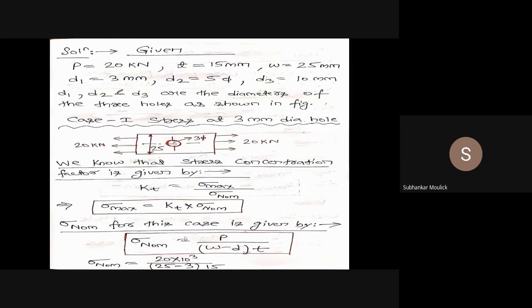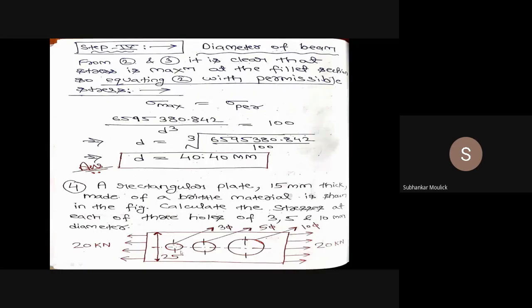So the first case is, let us take one hole at a time. That means in this entire plate, assume that firstly this 3 mm diameter hole is drilled. Then I know that Kt, the stress concentration factor, is given by sigma max by sigma nominal. And sigma nominal for such a condition, as we did in the last class, is P divided by the resisting cross-sectional area.